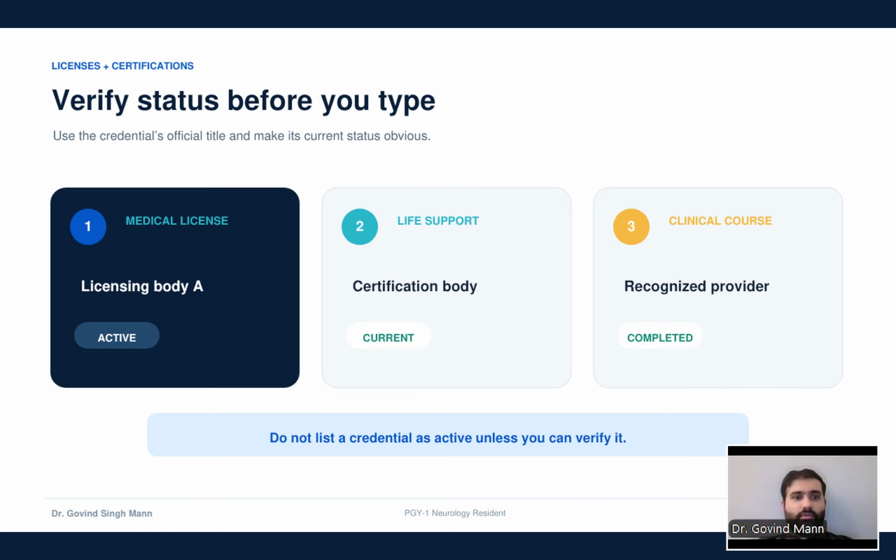Then in terms of your medical license, you have to write the licensing certification that you have received from your home country. In terms of life support, all the basic life support and advanced cardiovascular life support courses that you have done, and any other life support courses, you can upload here. My recommendation is to use the American Heart Association one, because that is standardized and accepted across the whole US, and it looks good on the profile as well, because once you come here for residency, you're going to be going through the same process.